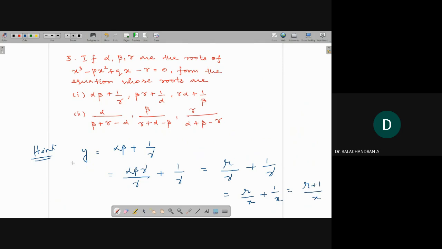Just cross multiply, you'll get xy equal to R plus 1.